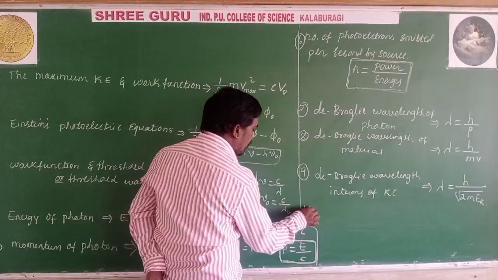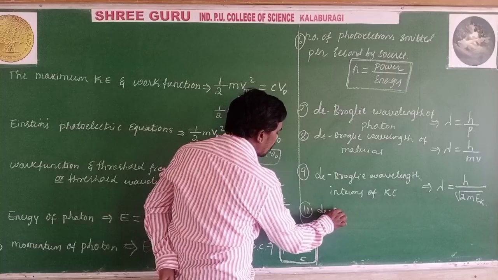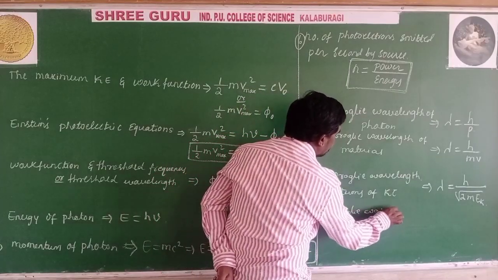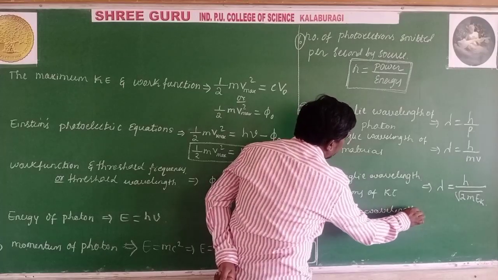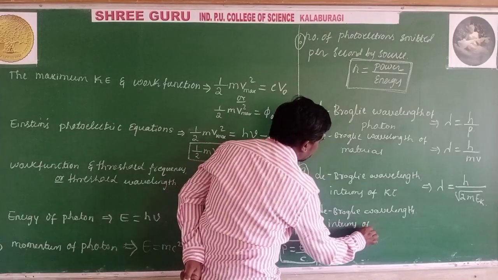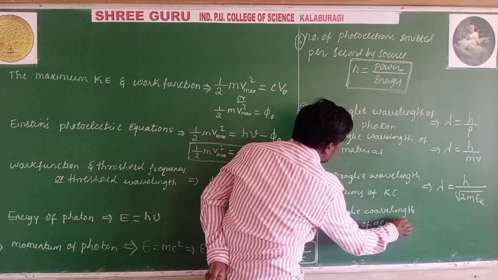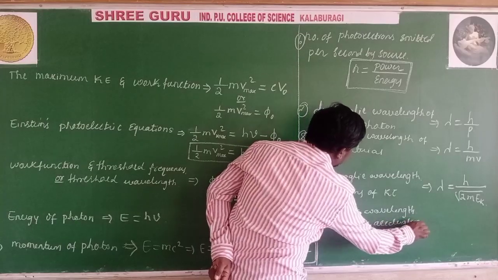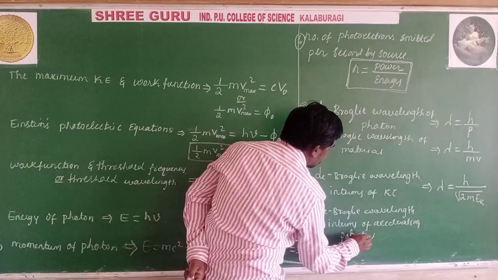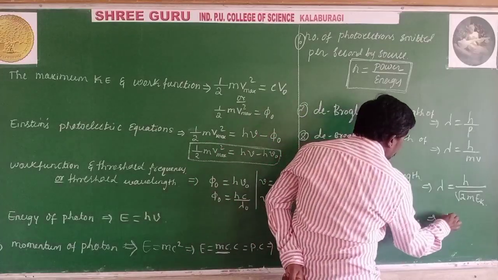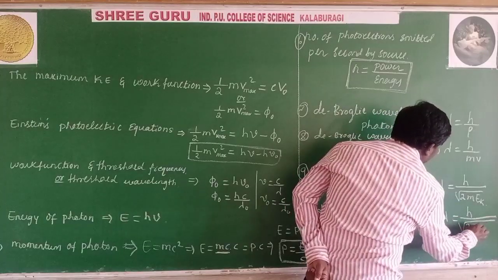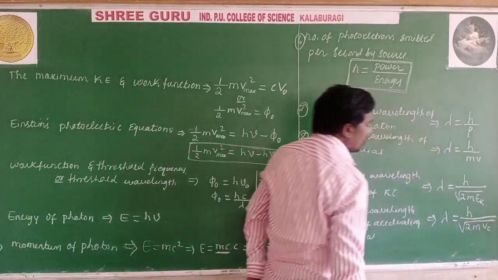Now this is very important: de Broglie wavelength in terms of accelerating potential is lambda equal to h by under root of 2m e V.